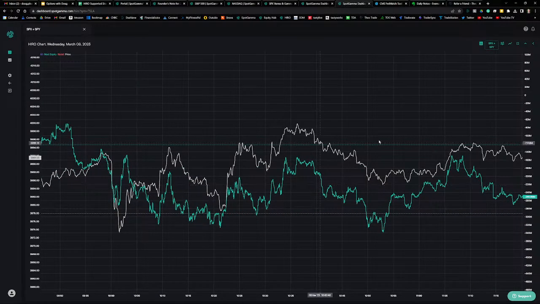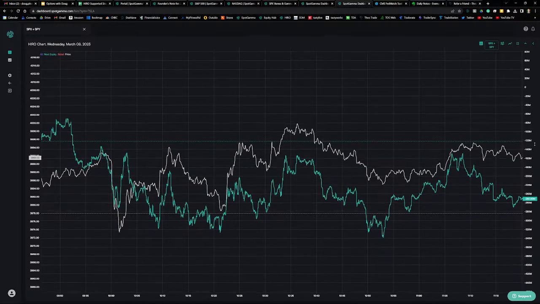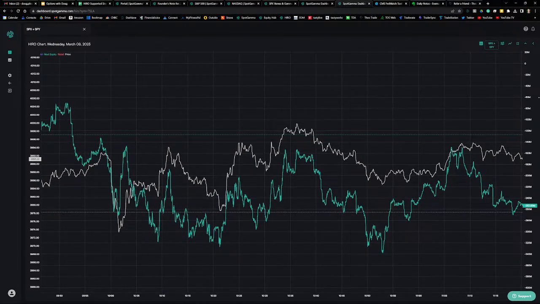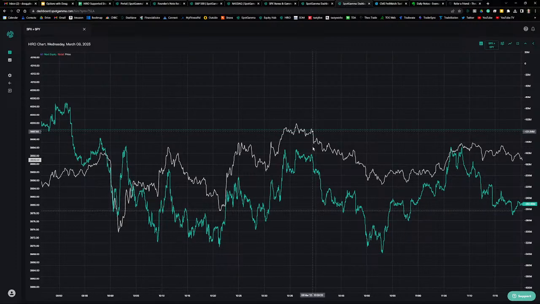Let's get in here. I'm going to increase this just a little bit to increase viewing. So this is showing that with these 0 DTE options, traders are fading the moves.